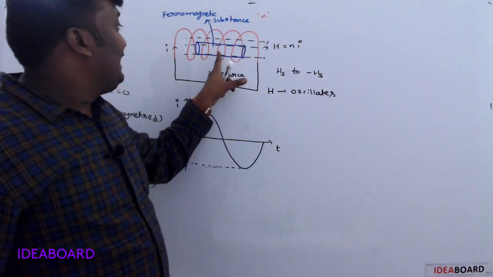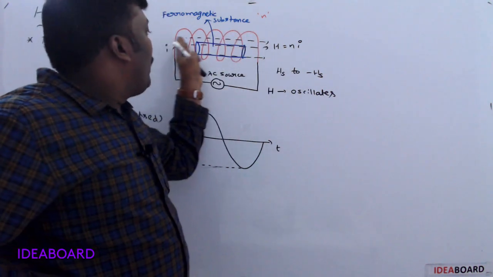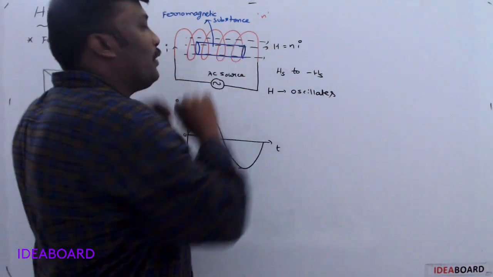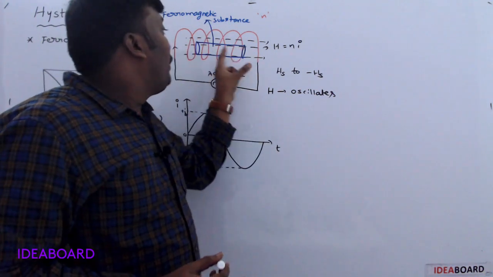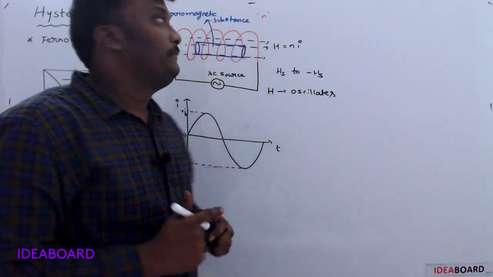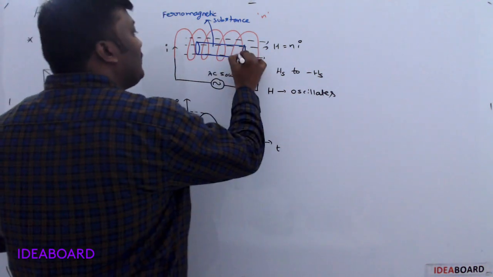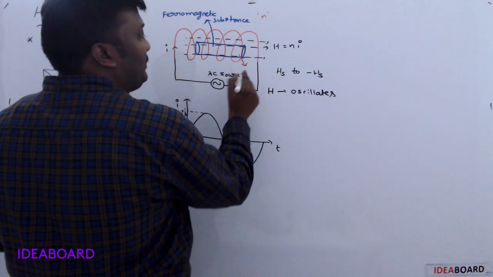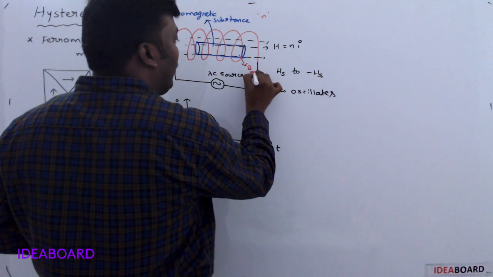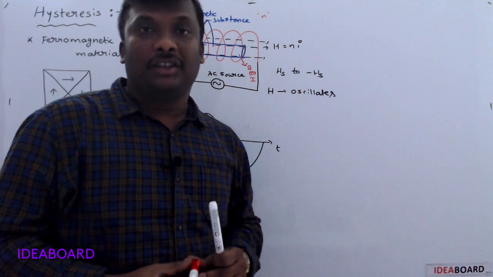Whenever a ferromagnetic substance is placed in the solenoid, the solenoid gives the magnetizing field H. Due to this, inside the ferromagnetic material there always exists some induced magnetic field B. This is called B, or I am using another word, intensity of magnetization, simply magnetization.